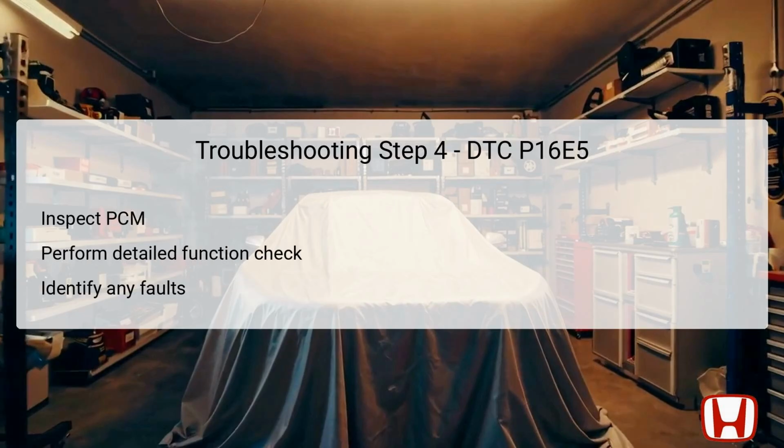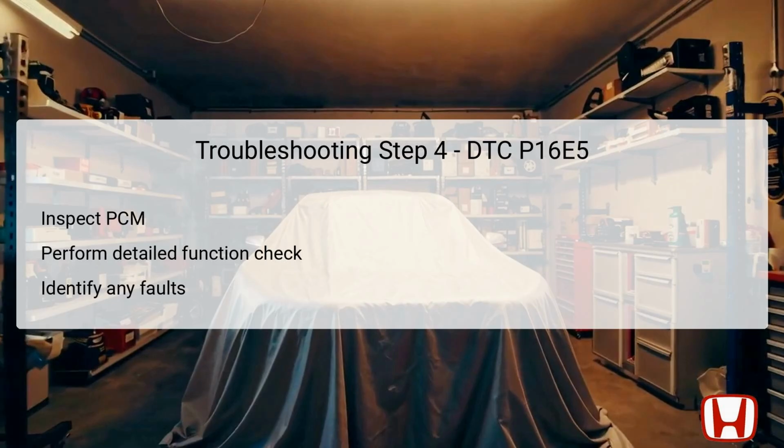The fourth step in troubleshooting DTC P16E5 requires inspecting the Powertrain Control Module, PCM. If all prior inspection items have indicated normal conditions, the PCM is likely at fault. This step involves performing a detailed function check of the PCM to ensure it is processing signals correctly.